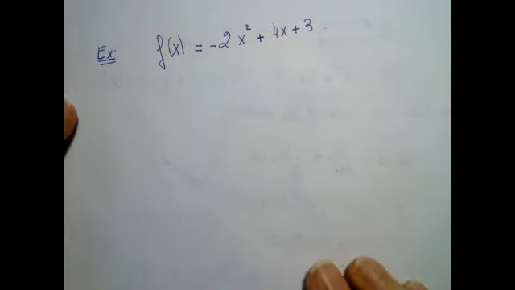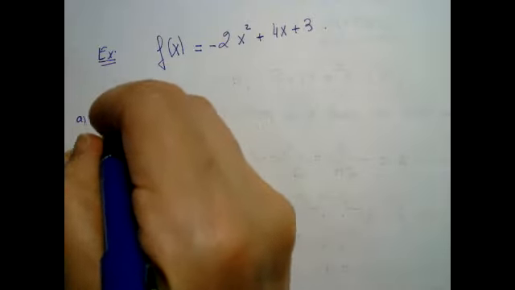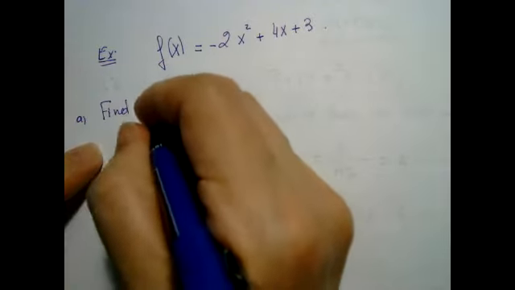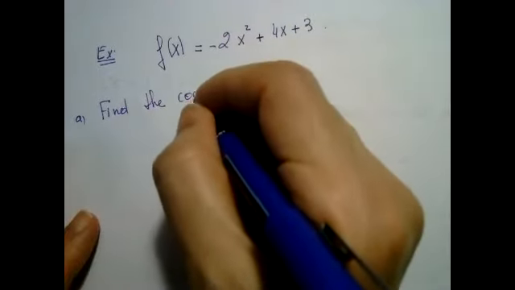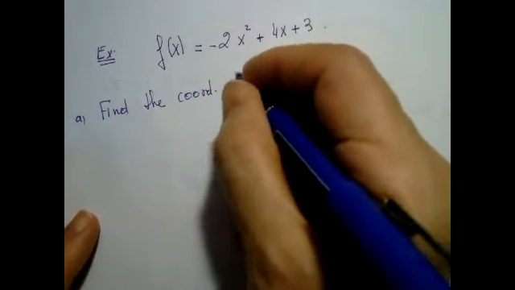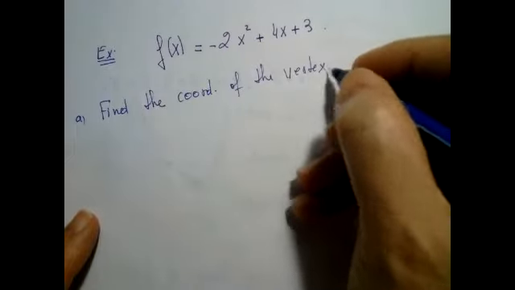My question is, part A is find the coordinates of the vertex, so it means the x and y of the vertex, and graph carefully.